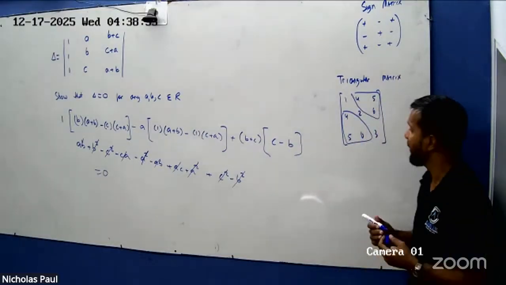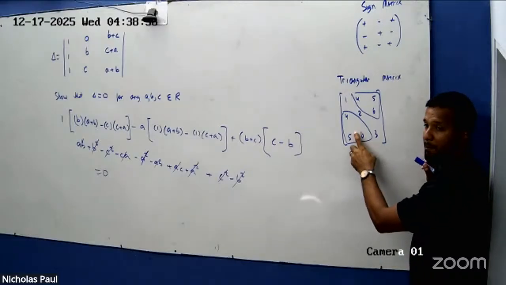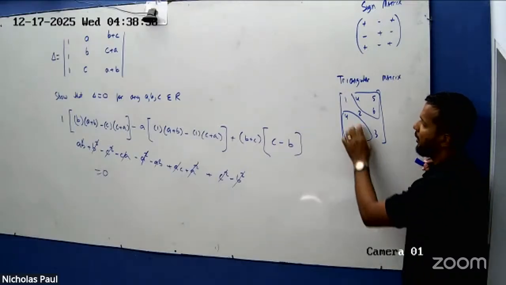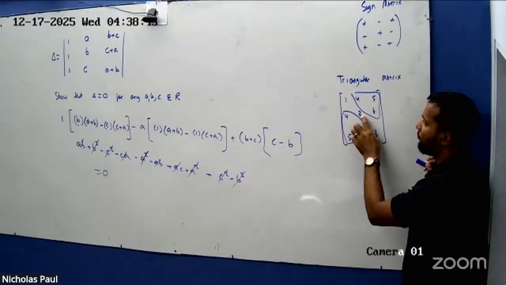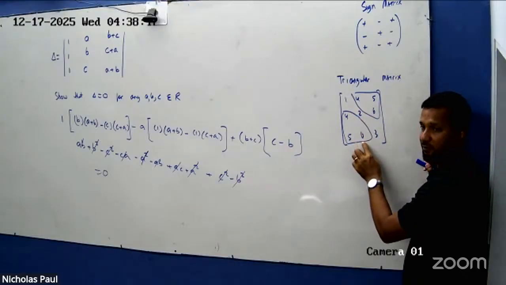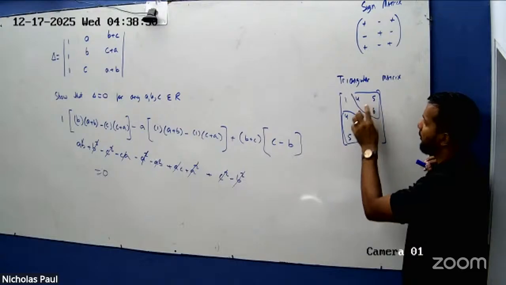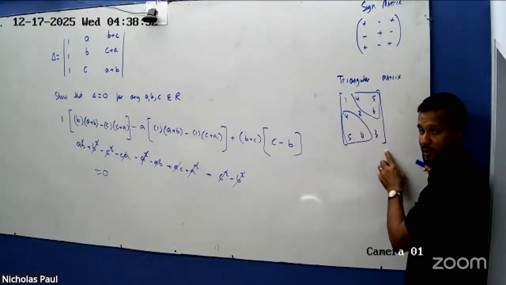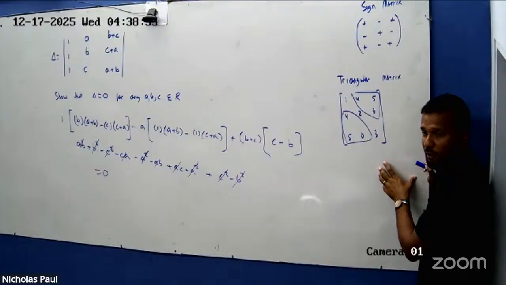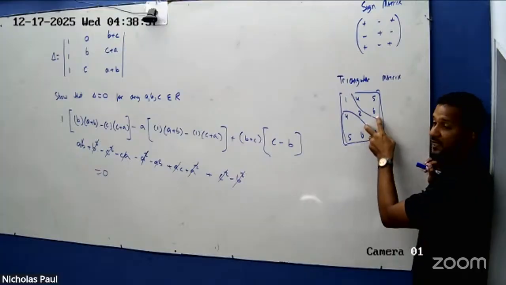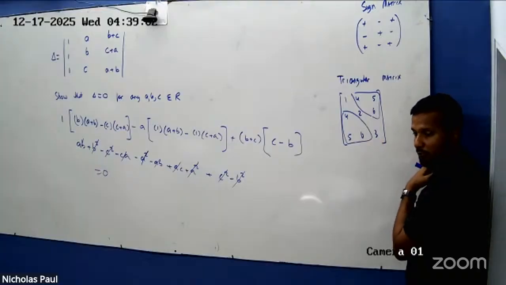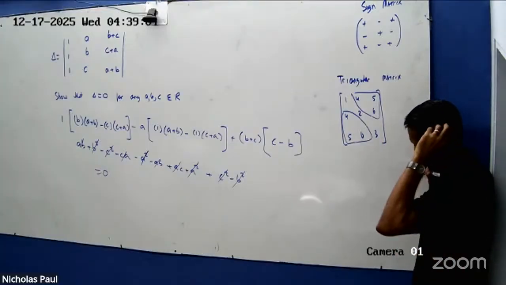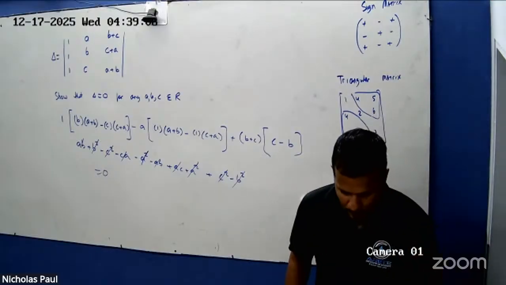If you look at this matrix here, 1, 4, 5, you recognize the row and the column are the same thing. 2, 4, 2, 6, same thing. 5, 6, 3. This is a triangular matrix. So whenever this happens, the determinant is 1 by 2 by 3. Okay? All right.